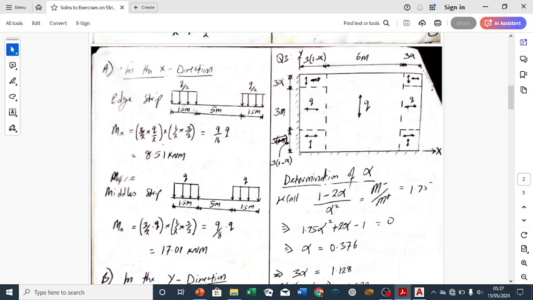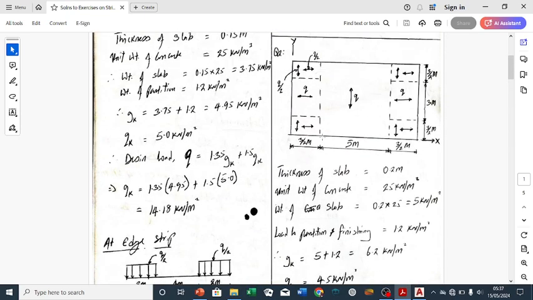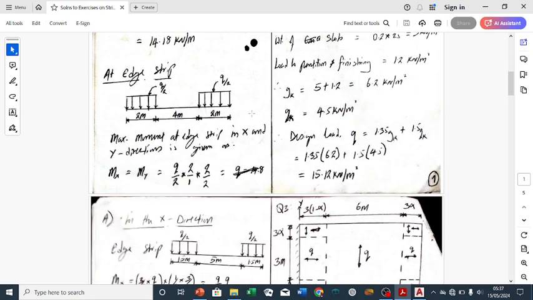This is 1.5, not 15 meter, this is 1.5 meter, this is 5 meter, this is 1.5. You can come back and look at it: 3 over 2 is 1.5, this is 5, and this is 3 over 2 again, which is 1.5. What we need to do is to change this UDL into point load by multiplying it by the span, which is 2.